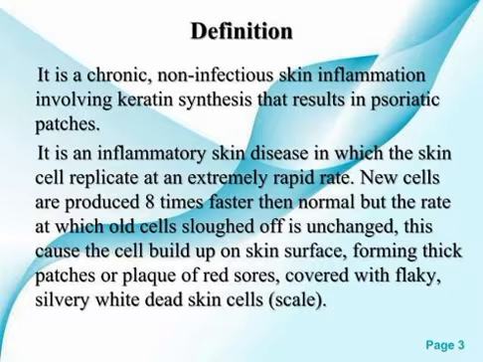This causes a cell buildup on the skin surface. It forms thick patches or plaques of red cells, covered with flaky, silvery white dead skin cells, which are known as scales.